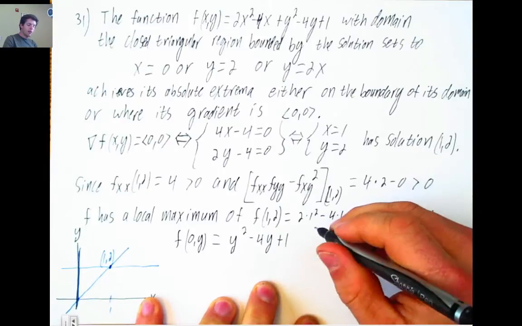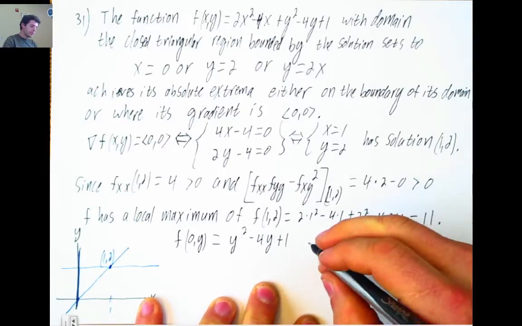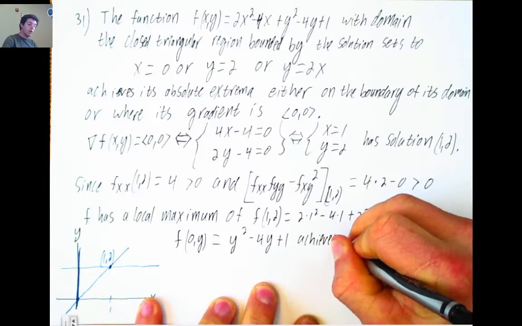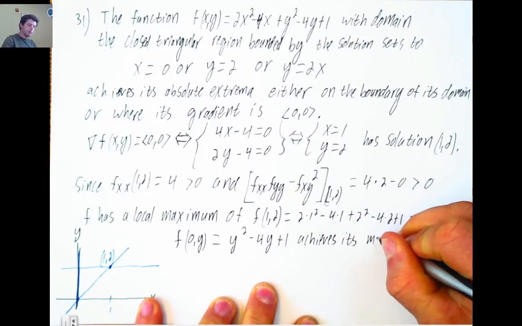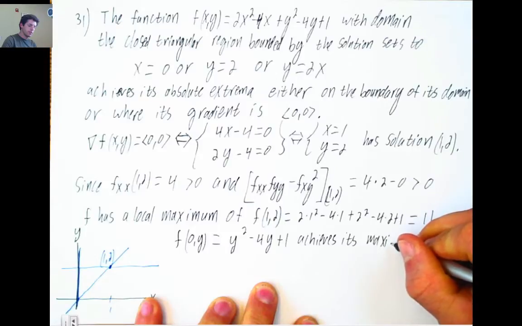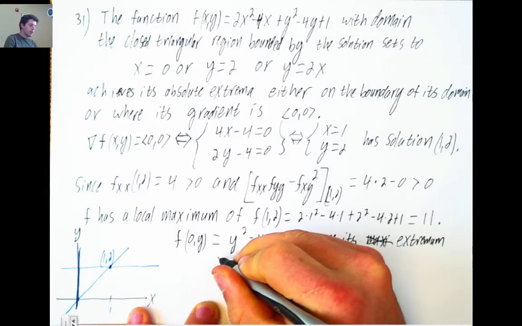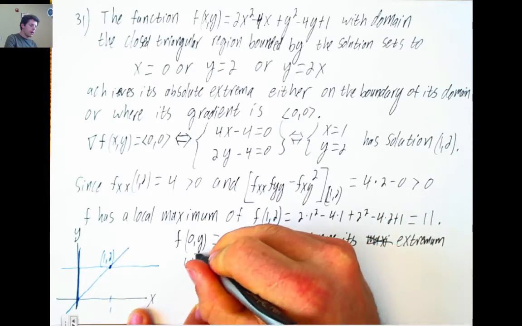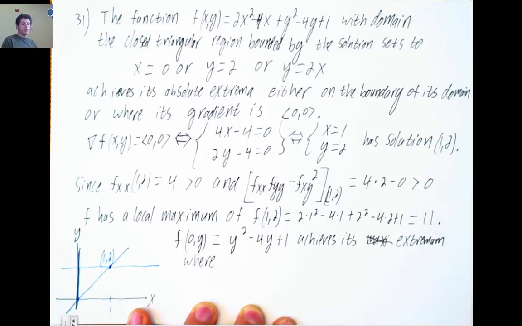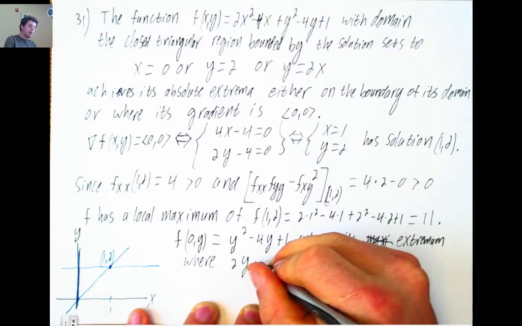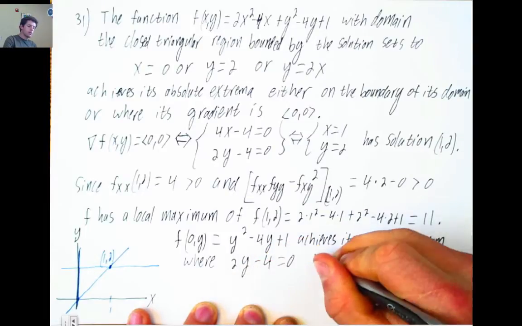so I'm sorry, let me try to go a little bit faster. Where this function achieves its extremum. If we had a function of one variable, we would take its derivative and set it to 0. So 2y minus 4 is equal to 0.